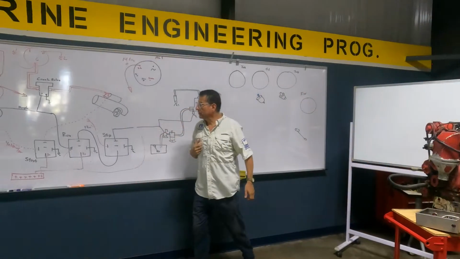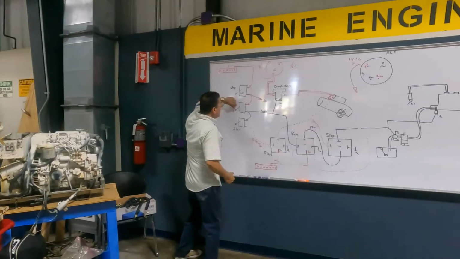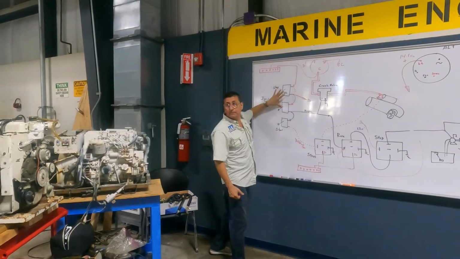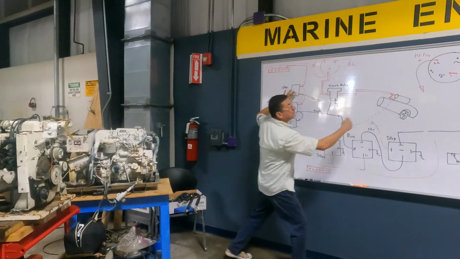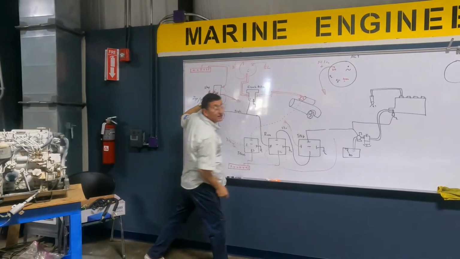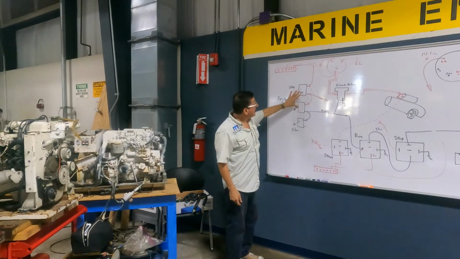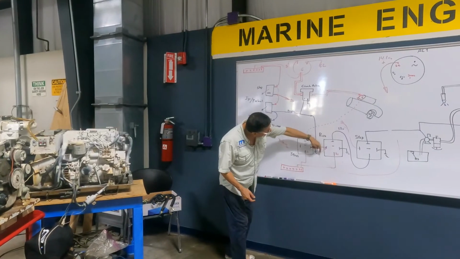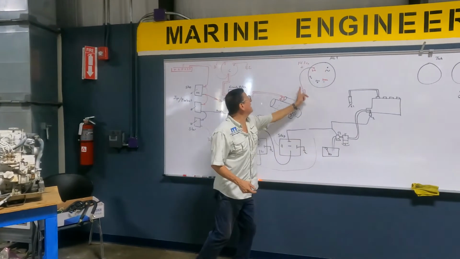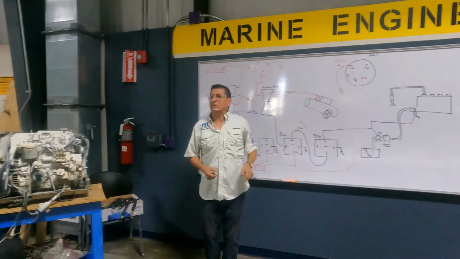I have a question. When I press this preheat button, I activate this relay and send power to the pump and the relay. Yes or not? But at the same time, when I press this button, I send current here and here to the alternator. Is that good?